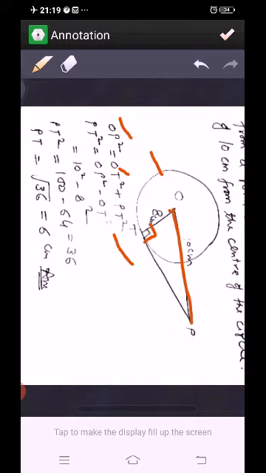So PT square equals OP square minus OT square. Here we are applying the Pythagoras theorem. So OP square, that is 10 square minus 8 square. So PT square equals 100 minus 64, that is 36. So PT equals 6 centimeter. So we get the length of the tangent as 6 centimeter.